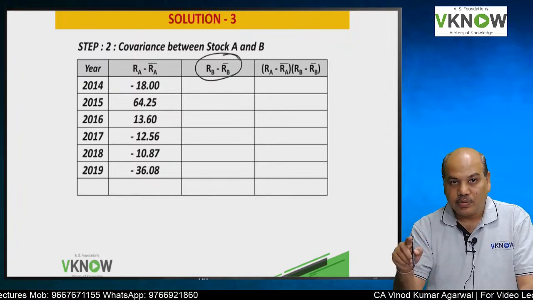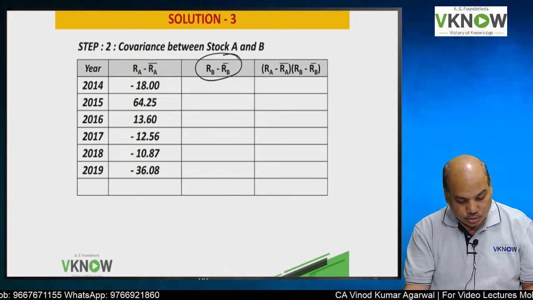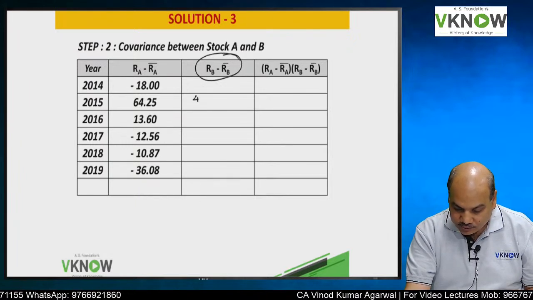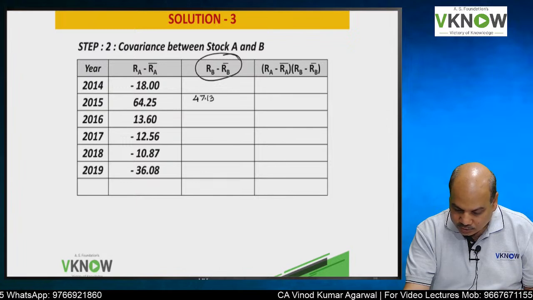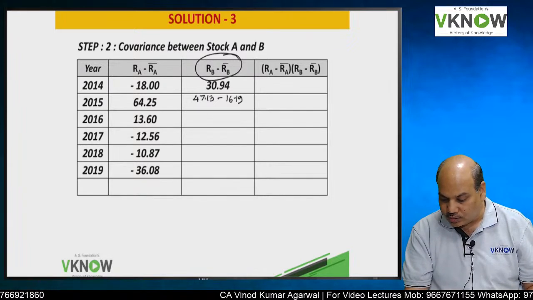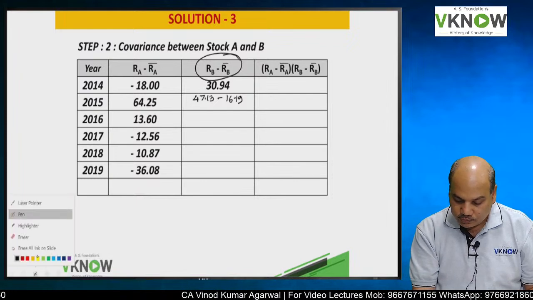RB minus RB bar. Now the student will go to first answer. In 2014, RB is 47.13 and RB bar is 16.19. So please do the calculation. Approximately you will get 30.94.